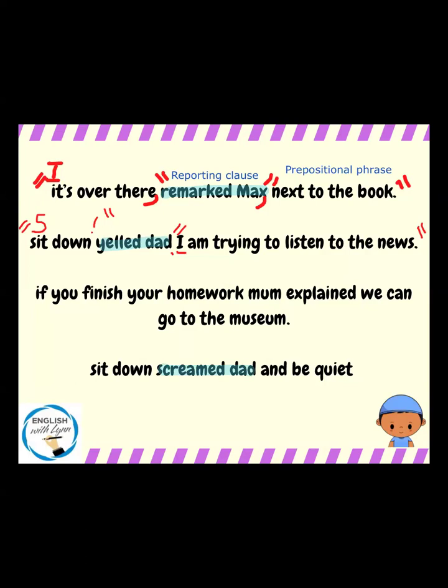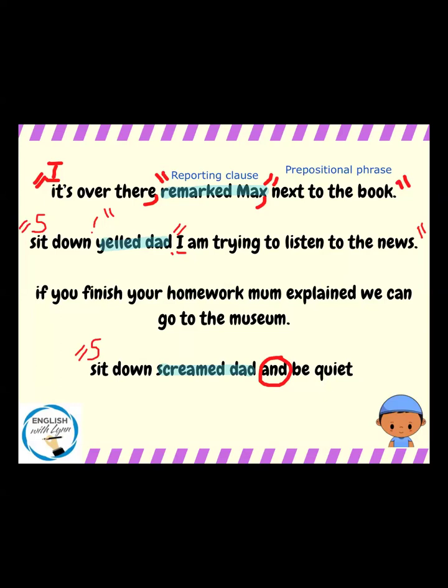But this time, because we have the conjunction, the "and," "sit down and be quiet" is all one sentence. So this is going to be punctuated slightly differently. I'm going to have my inverted commas at the beginning, and I'm going to have my capital S for sit down, okay? Then I'm not going to have the exclamation mark after sit down.